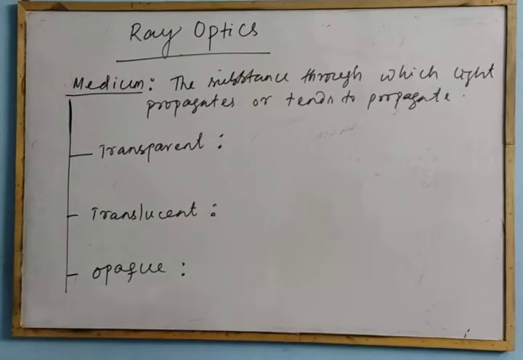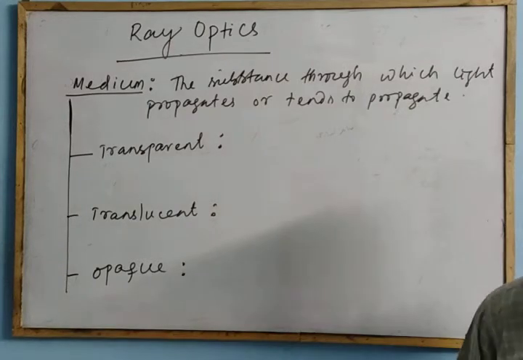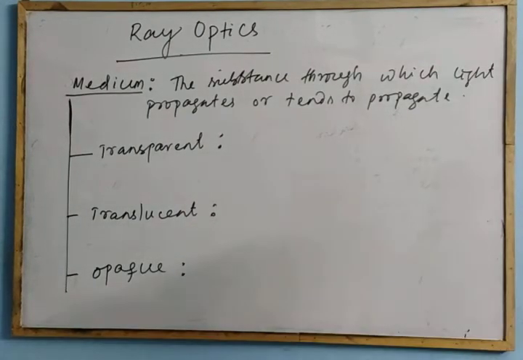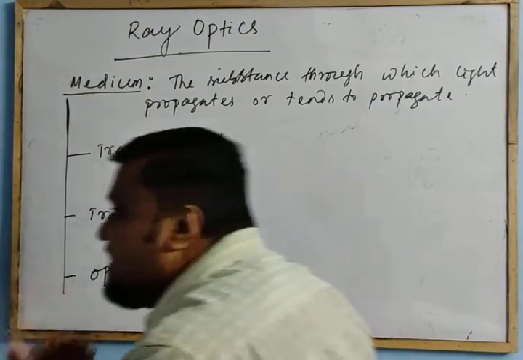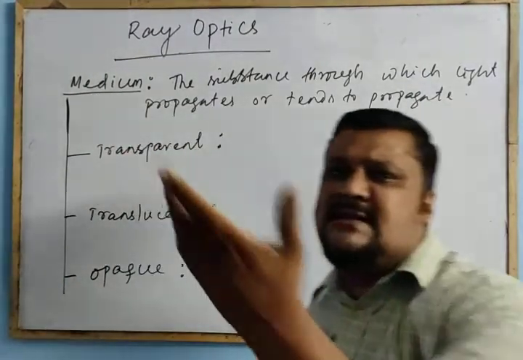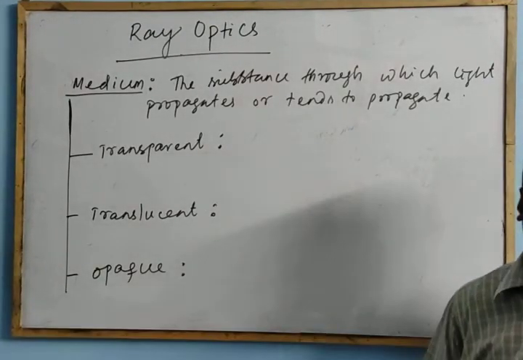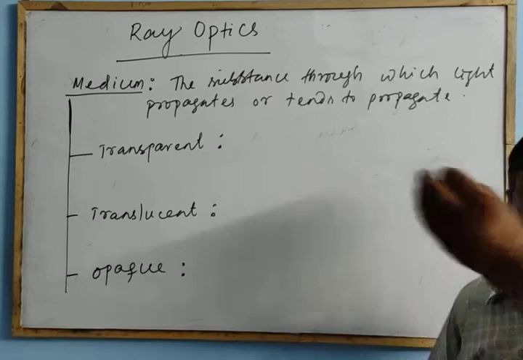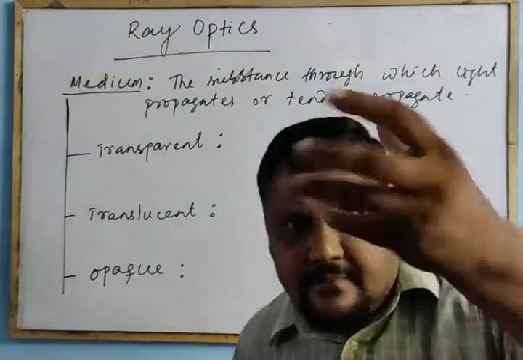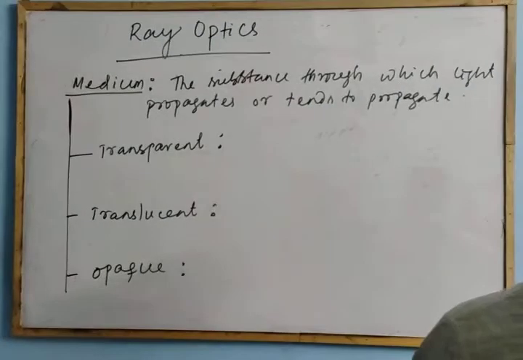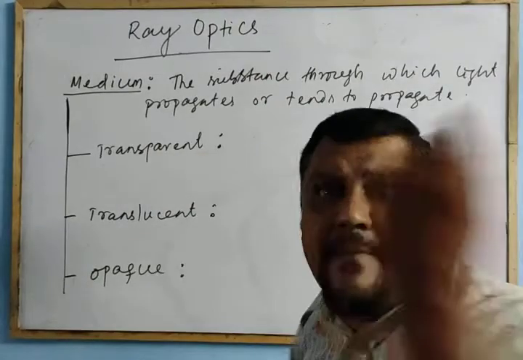So what is a transparent medium? The medium is called a transparent medium when light can pass through it easily. That is transparent, like glass, the light bulb. From that light bulb, the light can pass. And like your thermometer.